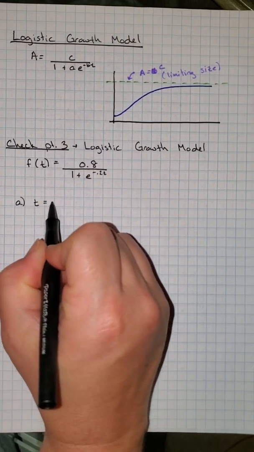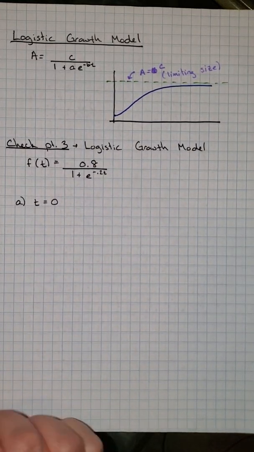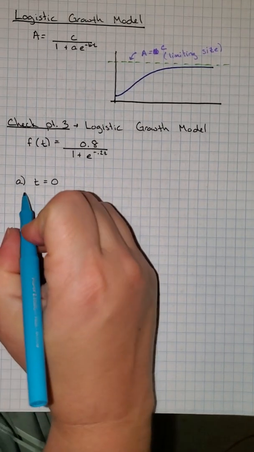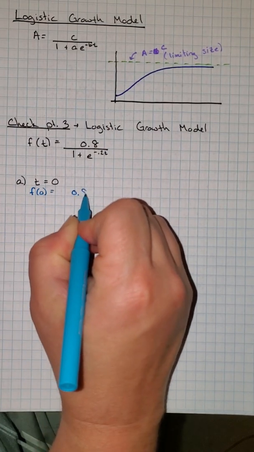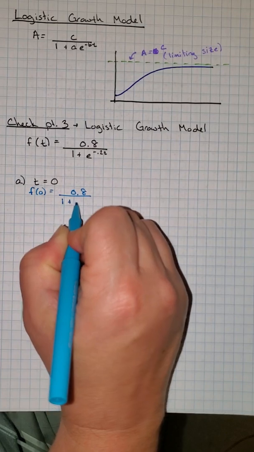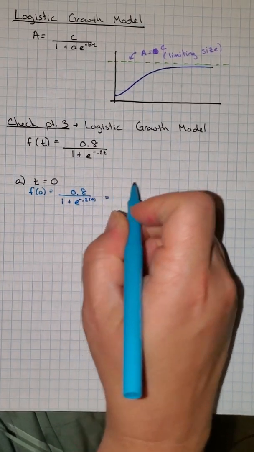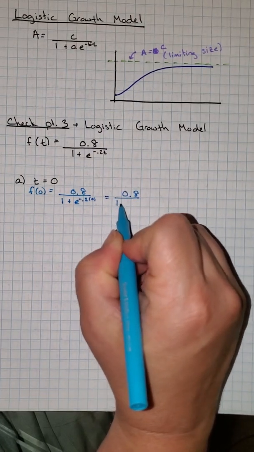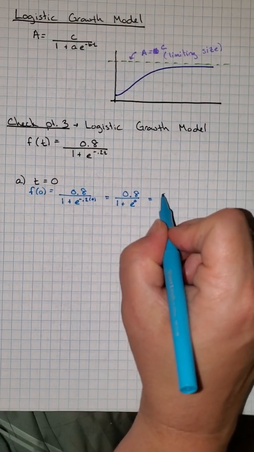So prior to when learning trials taking place, that's when t is 0. So we're going to plug 0 into our formula. So f of 0 would be 0.8 divided by 1 plus e to the negative 0.2 times 0. So that's 0.8 over 1 plus e to the 0, because anything times 0 is 0.